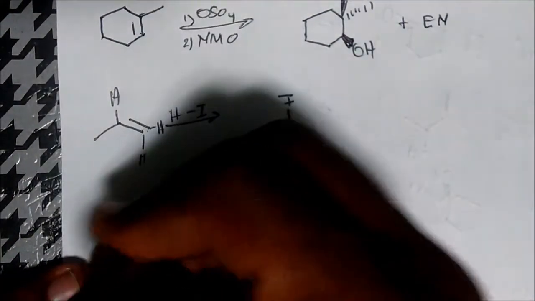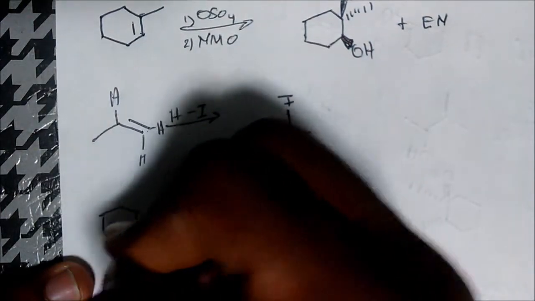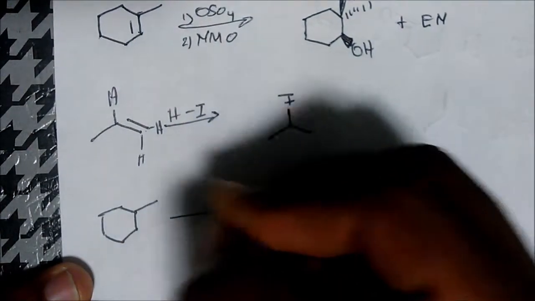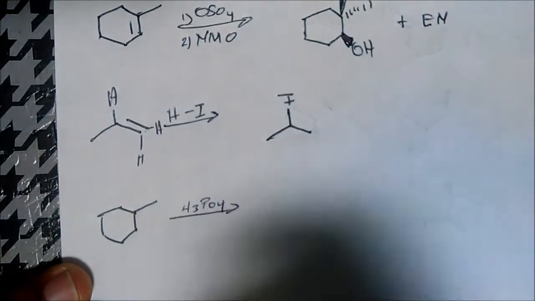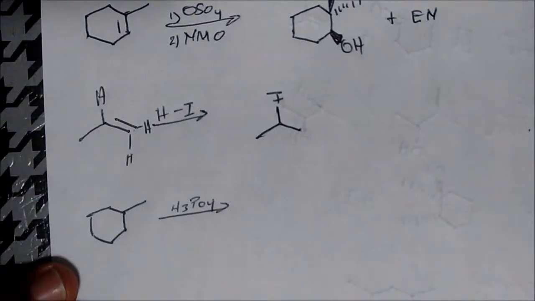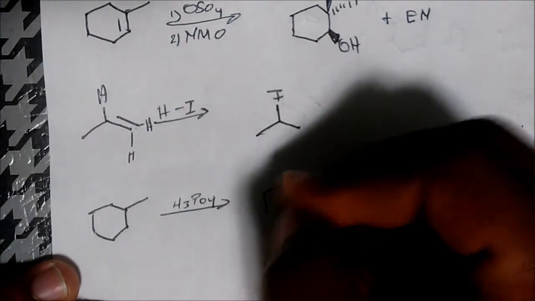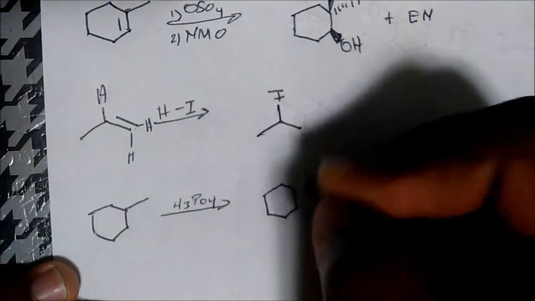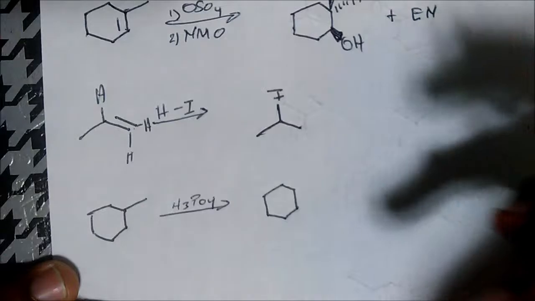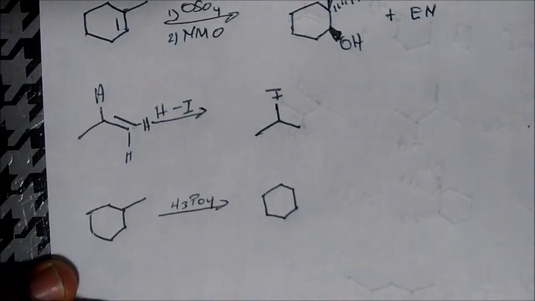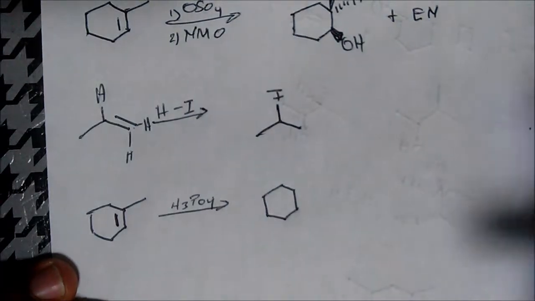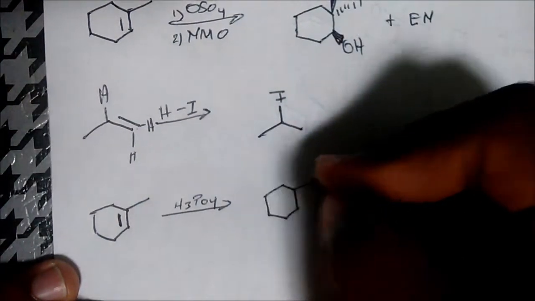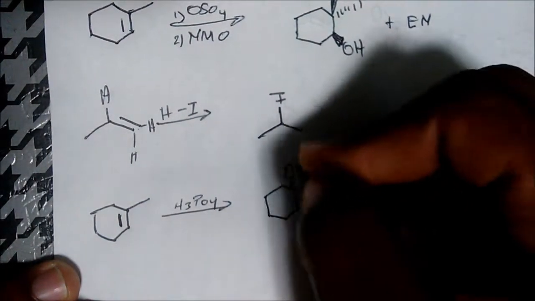Now, what if we add this molecule and we add H3PO4? Well, again, it's like sulfuric acid, we're forming an alcohol. So we get, this should be a carbon-carbon double bond. We get the OH being on the more substituted part of the carbon-carbon double bond.